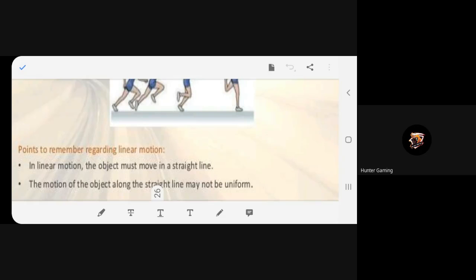Okay. So now the second point is that it may or may not be uniform, depending upon it. If an ant is moving in a straight line, now if I stop it, if I put something in between, if I put a drop of water, do you think the ant will move in a straight line?